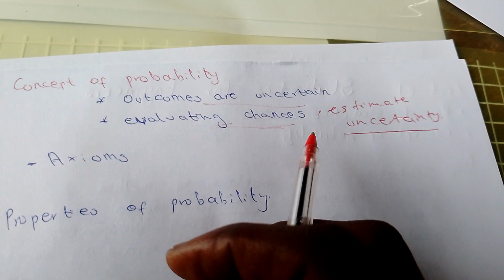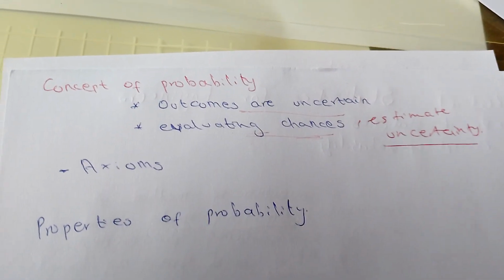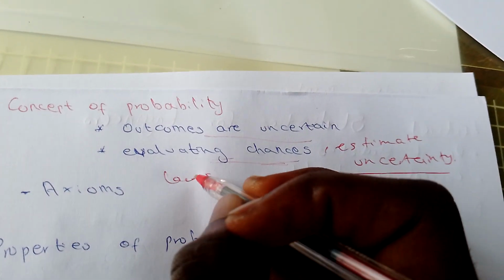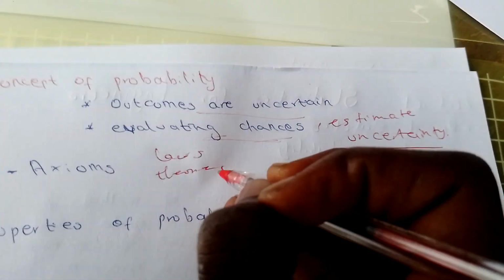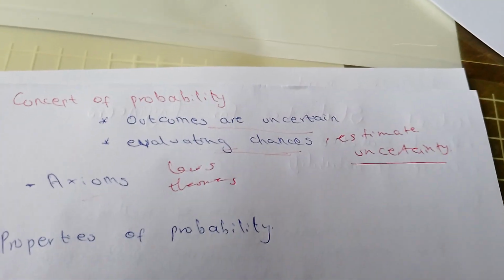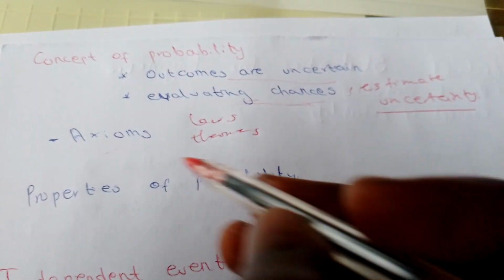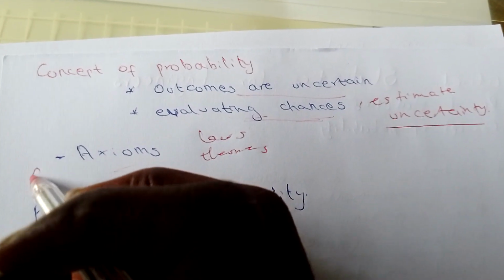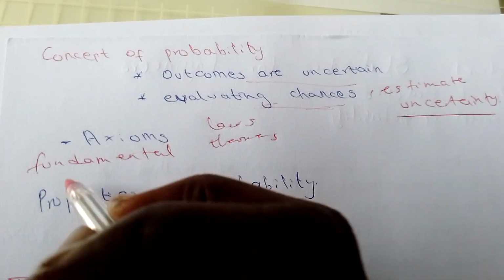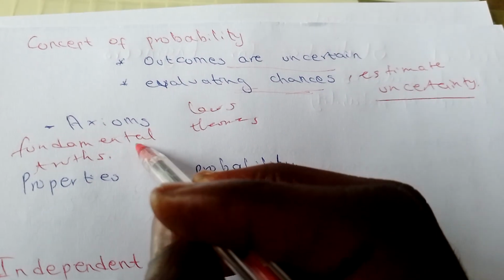Okay, and then we have axioms of probability. Just like we have laws, theories, and so on, we have axioms too. When we talk about axioms of probability, or axioms in general, axioms are fundamental truths in nature.